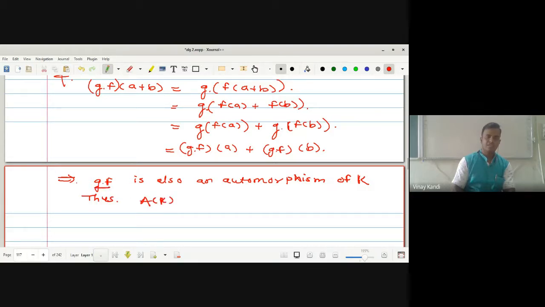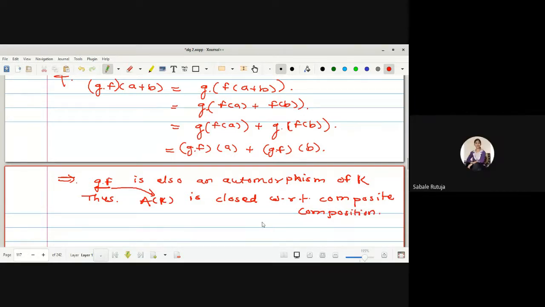Thus, the set A of K is closed with respect to composition. Any doubt? No, sir.